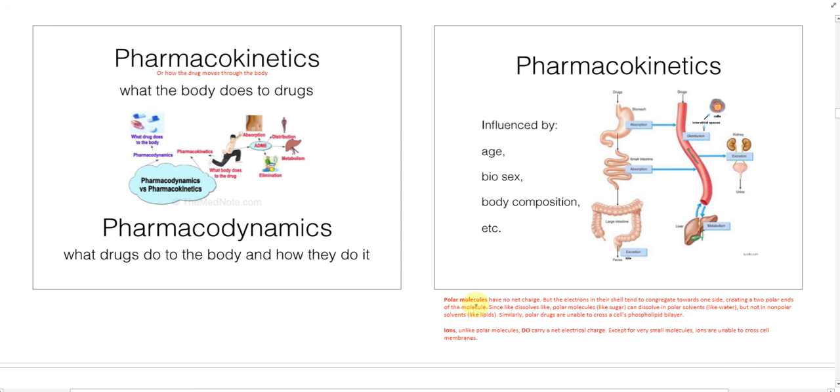A polar molecule has no net charge, but the electrons in their shell tend to congregate towards one side. So we end up having a neutral net molecule with one side having fewer electrons and one side having more electrons, making it a polar molecule.